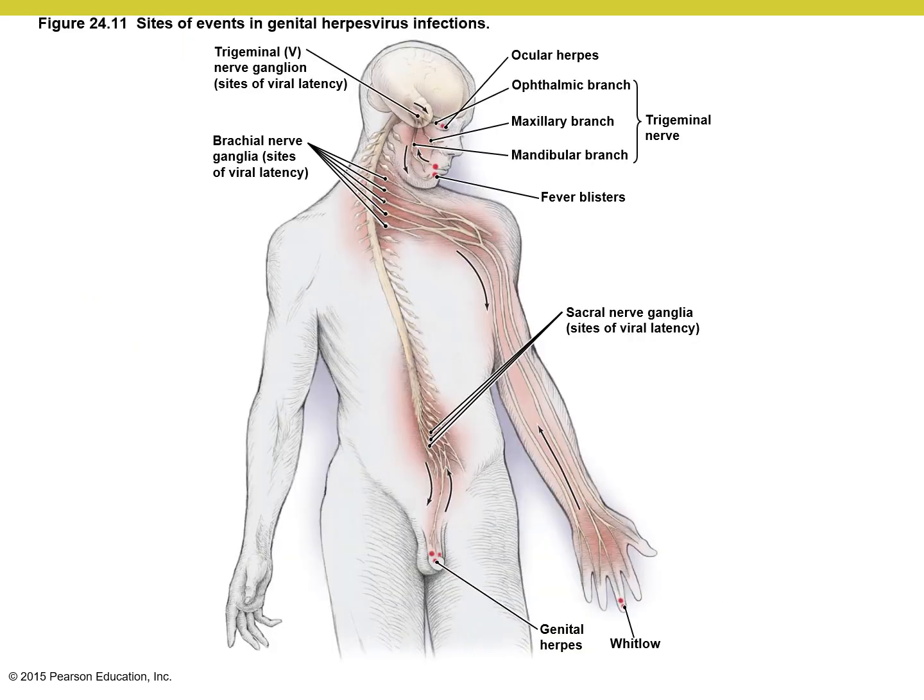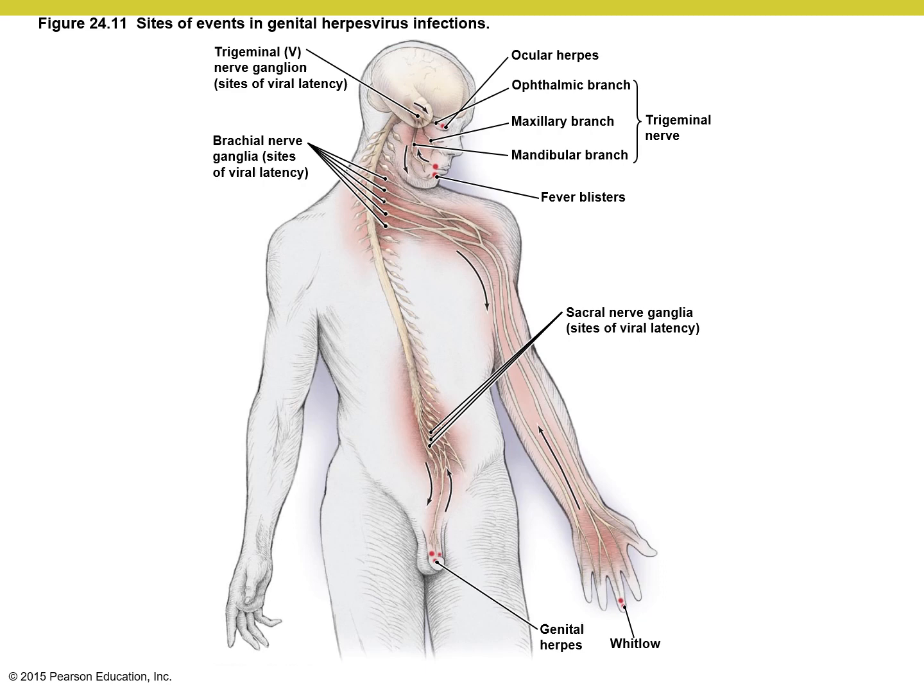Here we have a diagram depicting the sites of events in genital herpes infection. Infections occur when the herpes invades the lips, the genitalia, or the broken skin. Viruses may remain latent for many years.